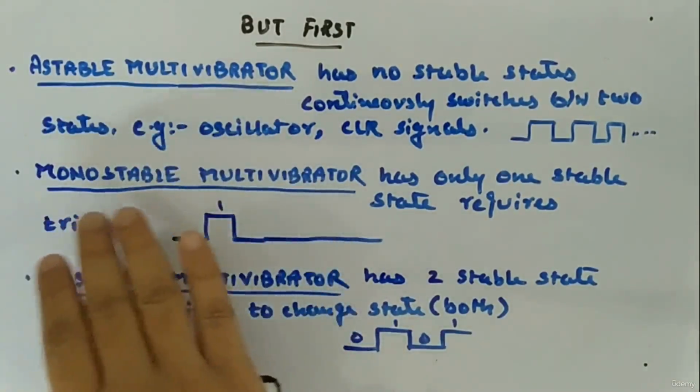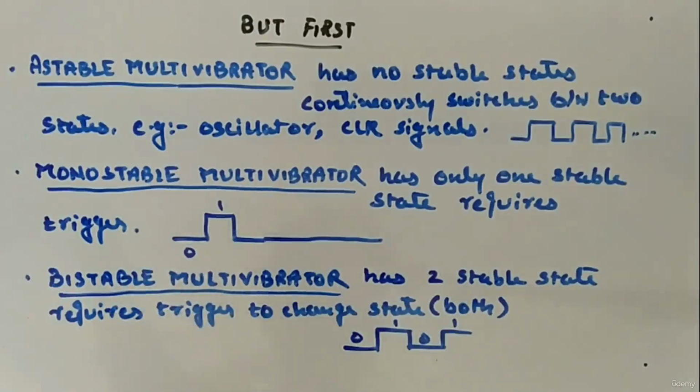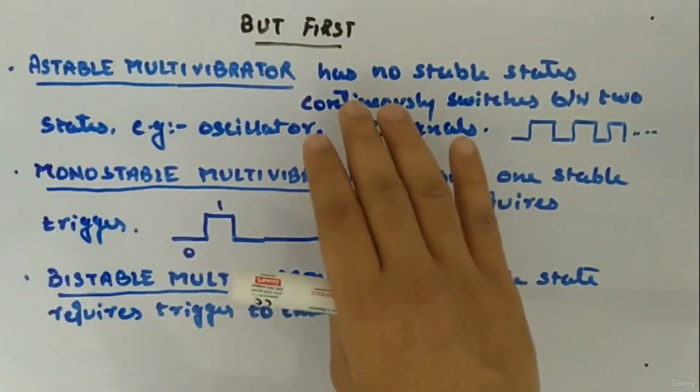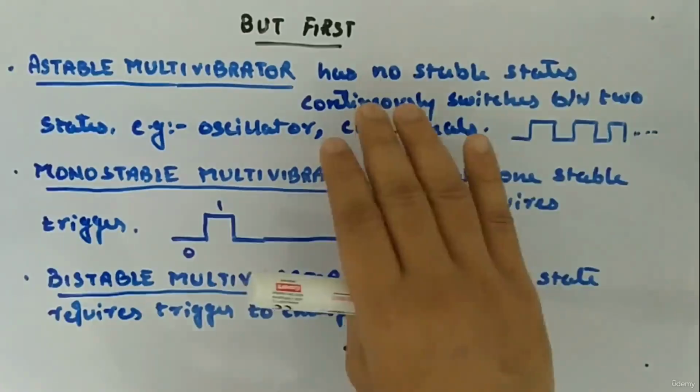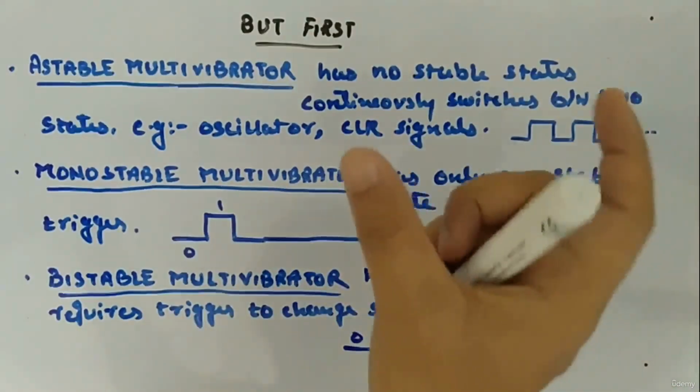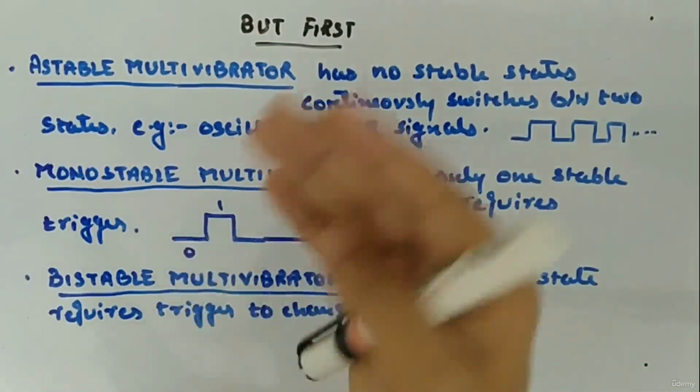There are something called astable, monostable, and bistable multivibrators. They are circuits which produce states, either stable states or unstable states, in the signal. Now astable multivibrator is a circuit which produces no stable states. By stable states we mean either 0 or 1.